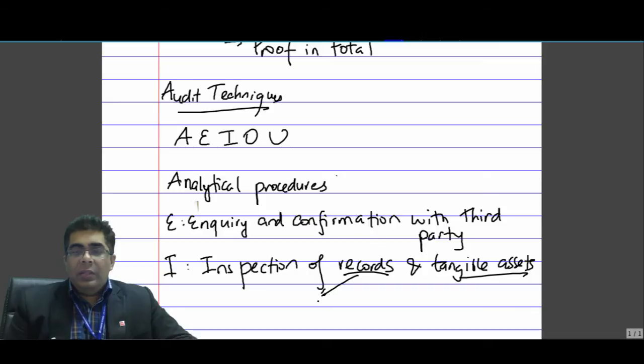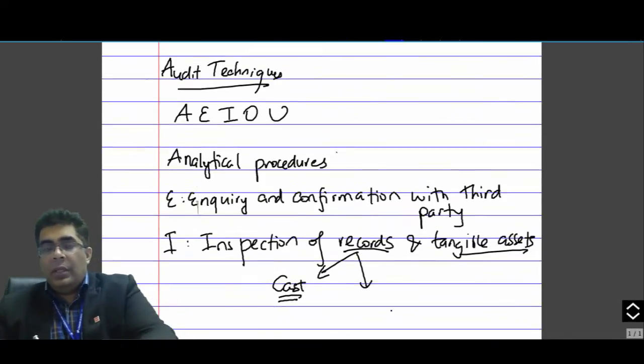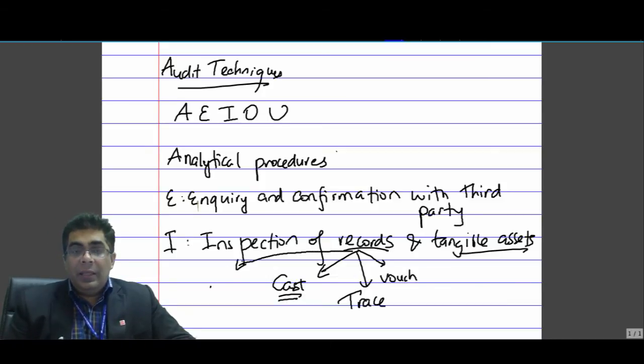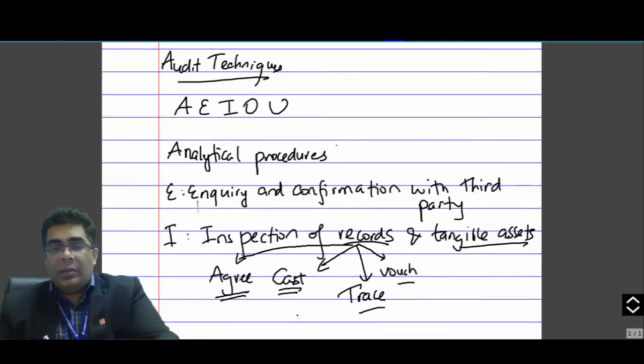When I say records, I'm referring to words like cast the records. Yeah, you're casting. Then I'm using words like trace, vouch, agree. Use these words: trace, vouch, cast, agree. Don't use the word check.